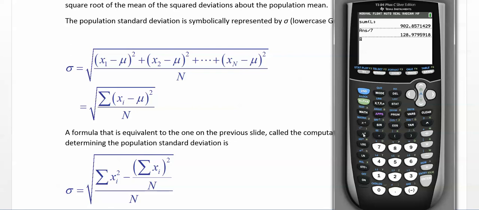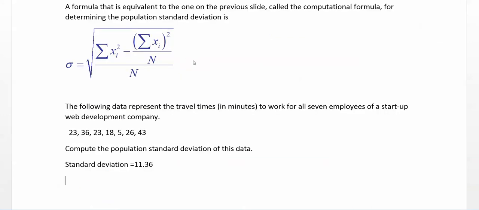So second x squared. And then some calculators let you highlight it and copy and paste it in, or you can just type in the number. And then I'll hit enter. So the standard deviation for our set of data is 11.36. Okay, so anyways, we calculated population standard deviation off that.